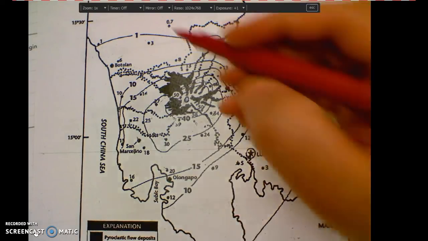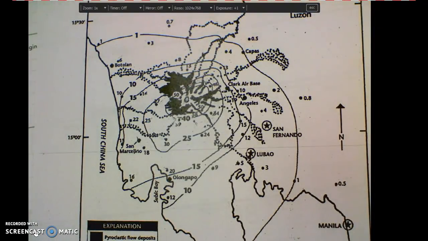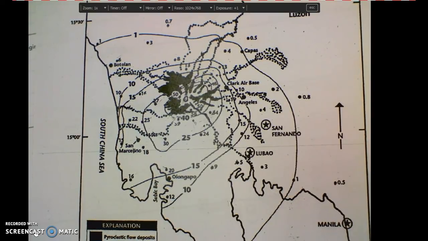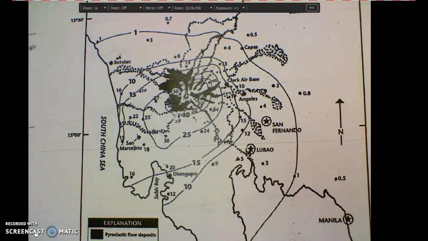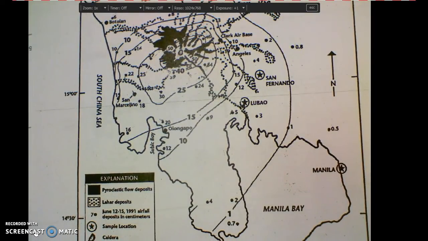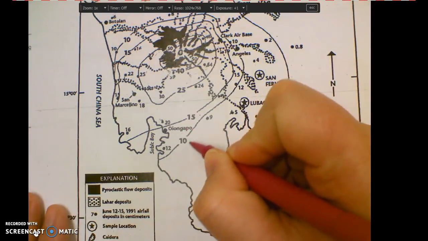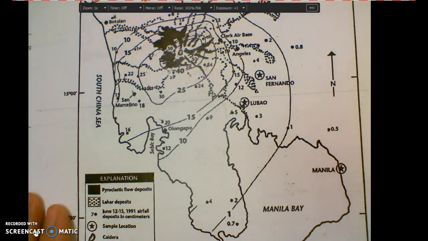And as you get closer to the caldera, this little tiny circle, the ash gets thicker, which is what we would expect. So to draw in the missing lines, we have to locate where they should be. Our first line that we have to draw in is 5 centimeters of ash. If you take a look, we have 1 here and 10 here. So it's safe to assume that our 5 centimeter line should go right in between those two.